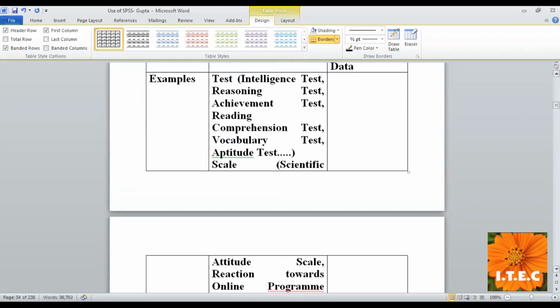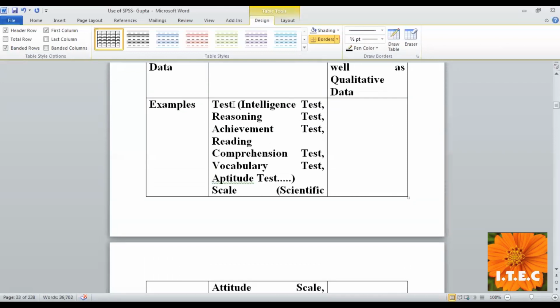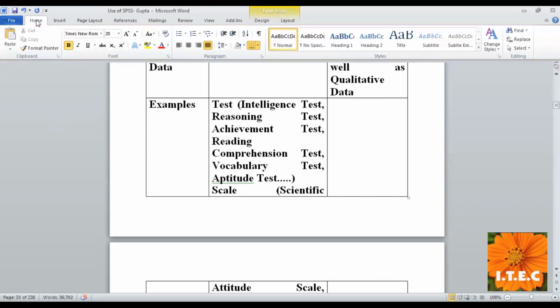Now, I hope you know the difference between test, scale, and inventory. Can any one of you tell me the difference between the test and the scale? Difference between test and scale. I'm waiting for your answer.